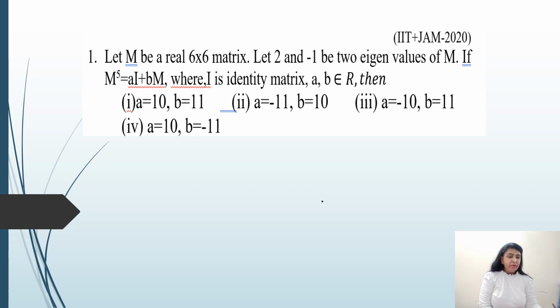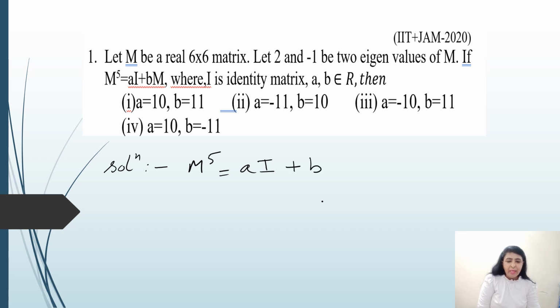Now what are we given? We are given an M matrix of order 6, and an equation is given to us, which is M to the power 5 equals AI, where I is the identity matrix, plus BM.